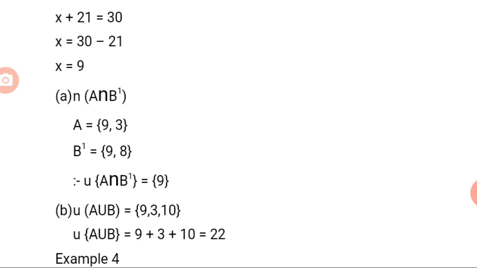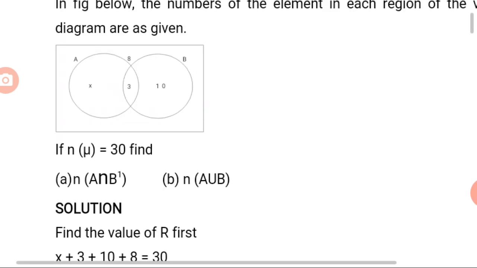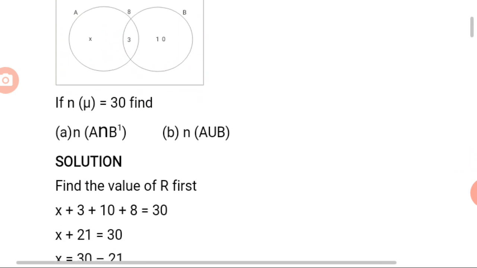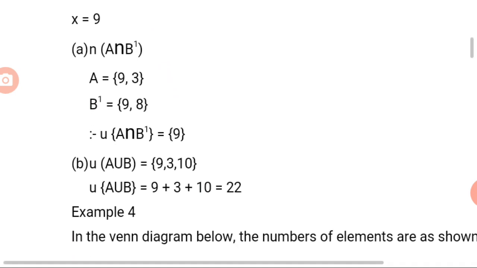Then B, the number of A union B. From the Venn diagram, A union B consists of 9, 3, and 10. Then you add the 3 together. 9 plus 3 plus 10, making 22. So the answer is 22.